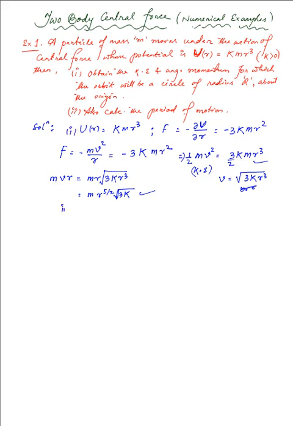Now, as far as the second part is concerned, we wish to obtain the time period of the circular motion. The speed v, as we know, is equal to r times the angular speed omega, and r omega is nothing but 2 pi r over T, where T is the time period.